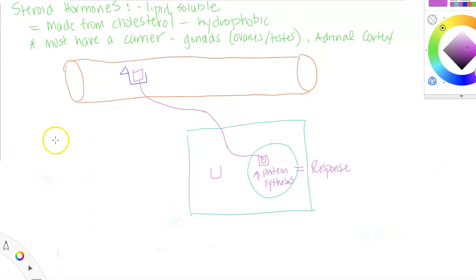So is this process fast or is this process slow? Well, making proteins is a slow process. Protein synthesis is slow because think about what has to be done to make a protein. You got to have a gene, find the gene, go through transcription, right?